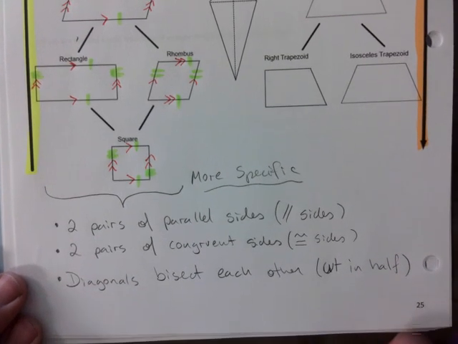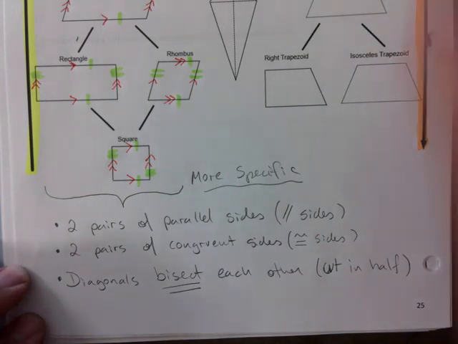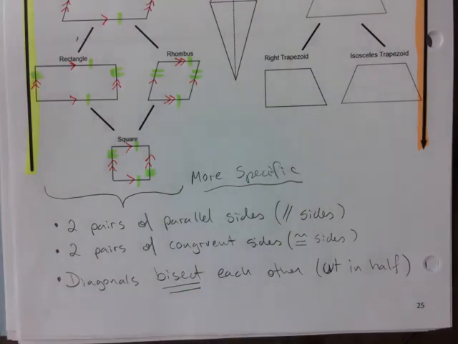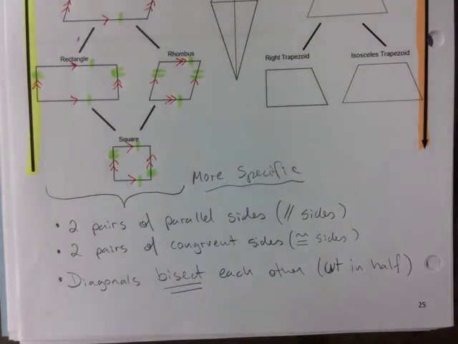Cut in half. I have a feeling some of you might have to deal with bisect before or later on post-secondary. But that's cutting in half. That's true for all of them. Okay.